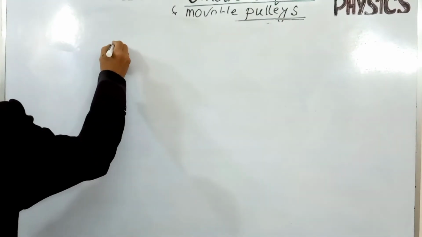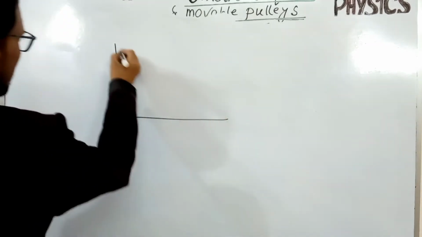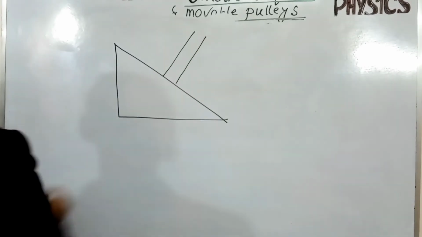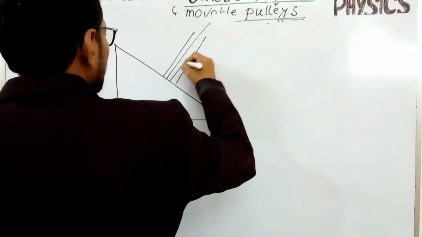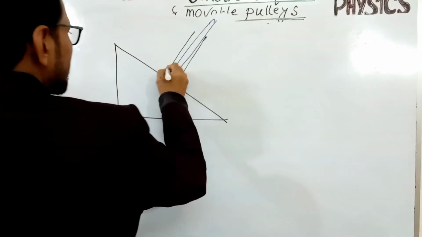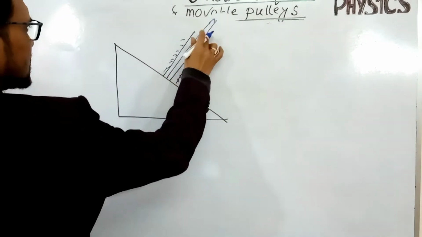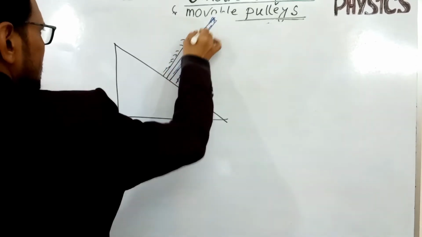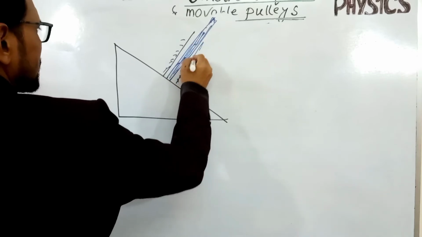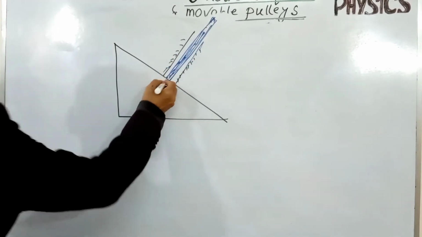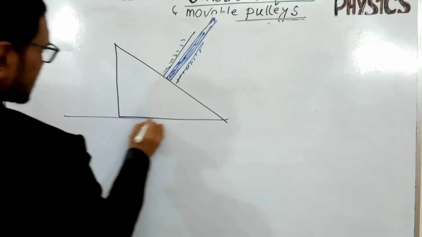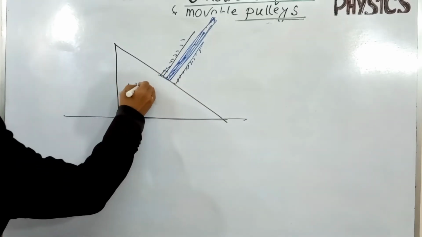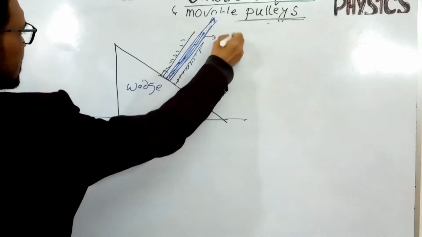Problem: suppose a wedge is present here, and a vertical support is here, and a rod moves in this direction. This rod moves on the wedge, perpendicular to this surface, and this is the wedge and this is the rod.